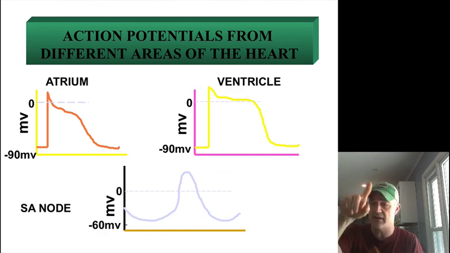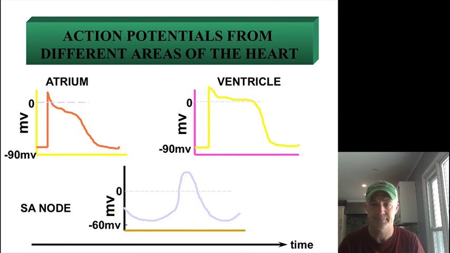You can see the SA node is this depolarization, repolarization, and that's going to happen over and over and over again. What we're going to start looking at next is a little bit of these EKGs and how we can actually register what is going on electrically in the heart.